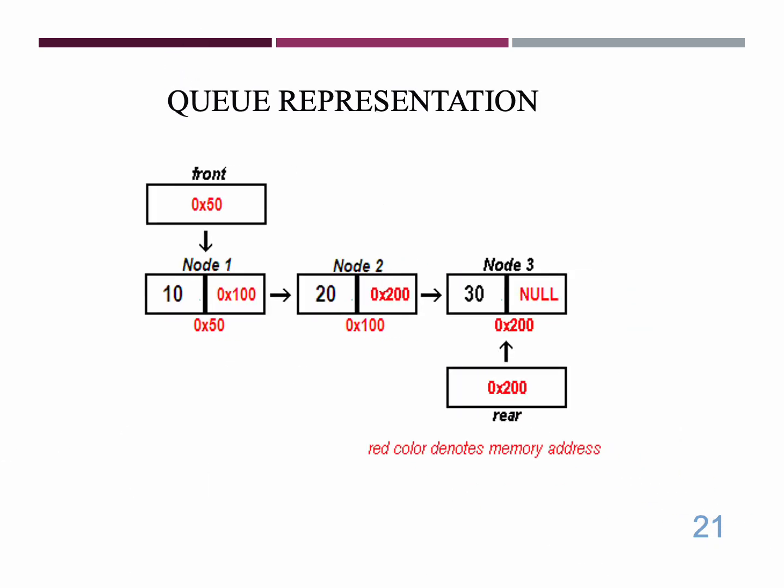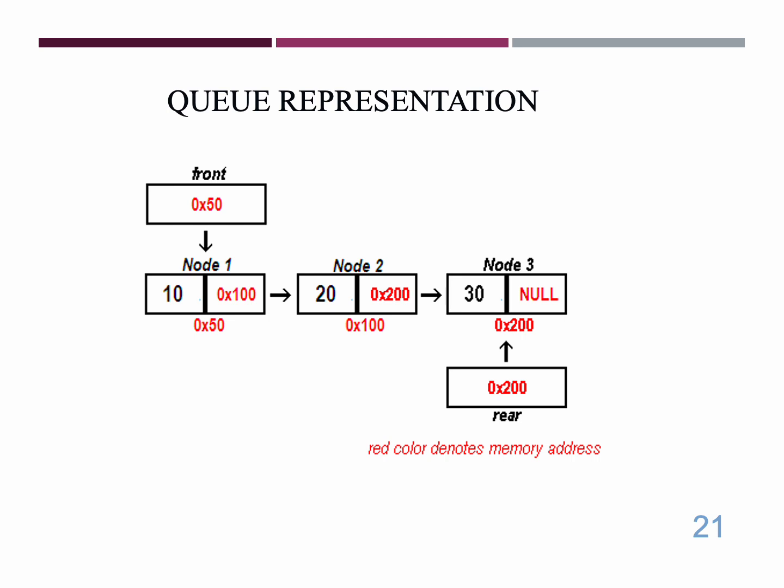If you look at this image, the queue has two pointers, front and rear. The front points to the first element, the one that will be dequeued first, while rear points to the last element, the most recently enqueued one. Here the nodes are linked using pointers, with each node containing a value like 10, 20, 30, and a pointer to the next node, which is represented by a memory address highlighted in red.